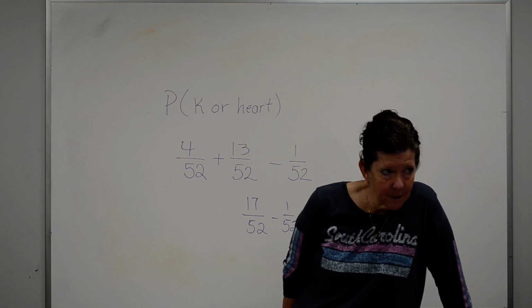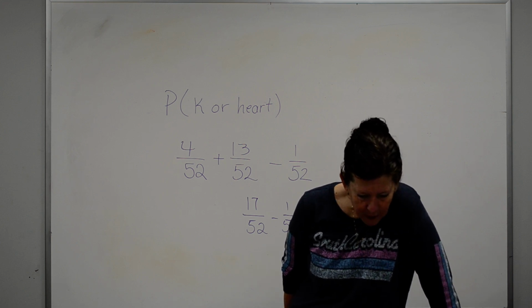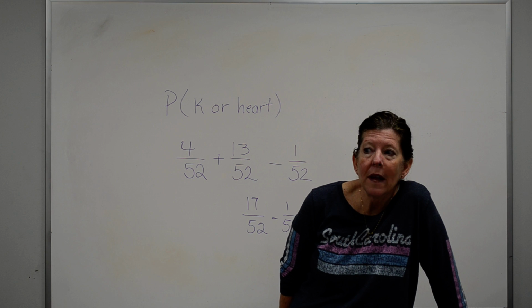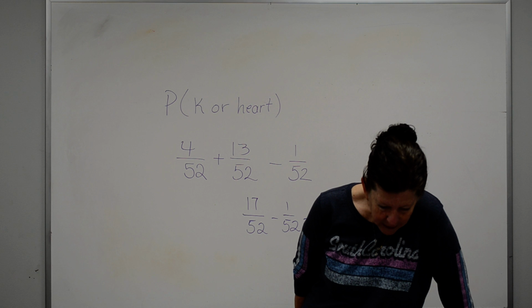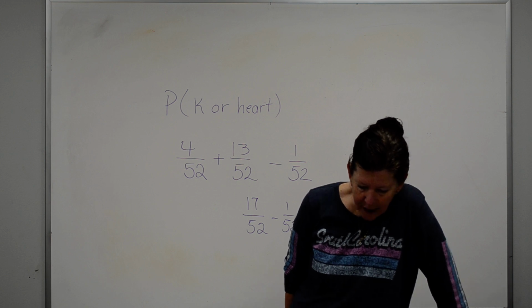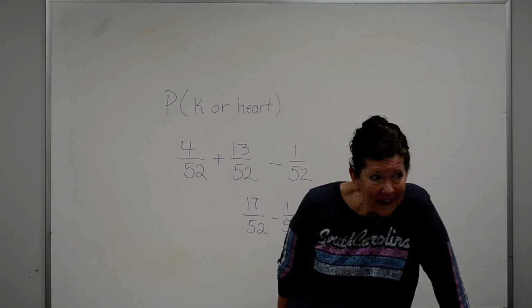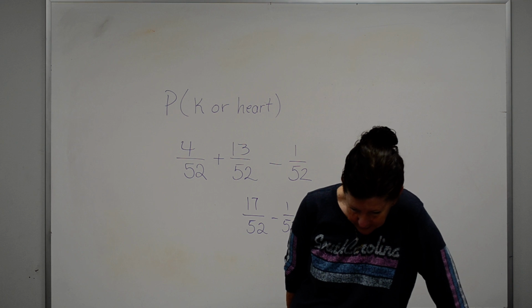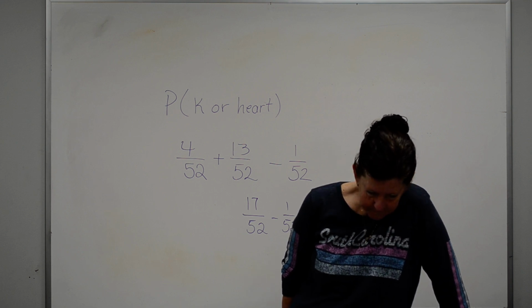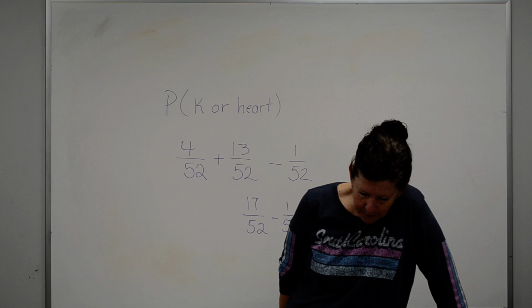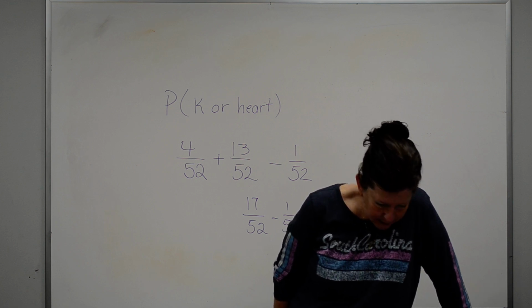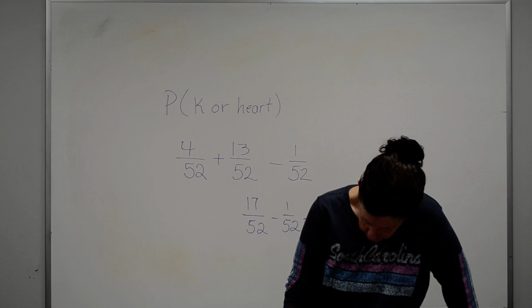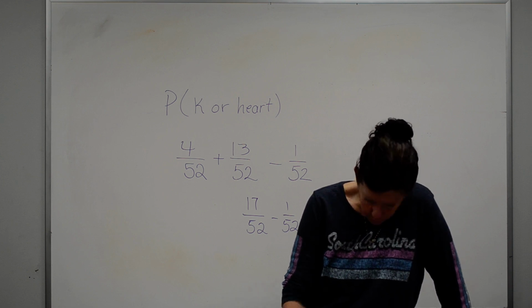This one's a little tricky, so be careful here. 2 cards are drawn from a standard deck of cards without replacement. Find the probability of drawing a heart and a club in that order without replacement.